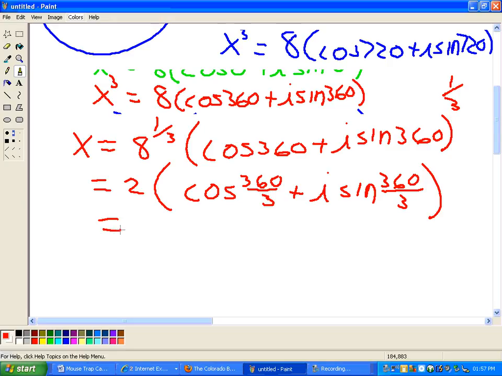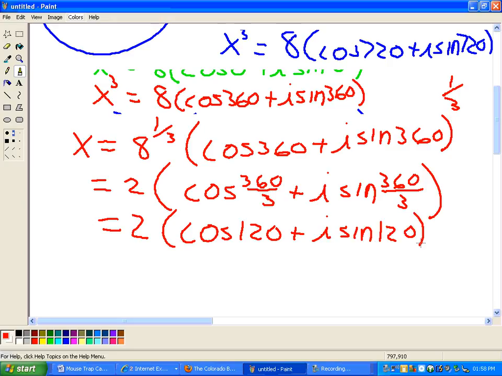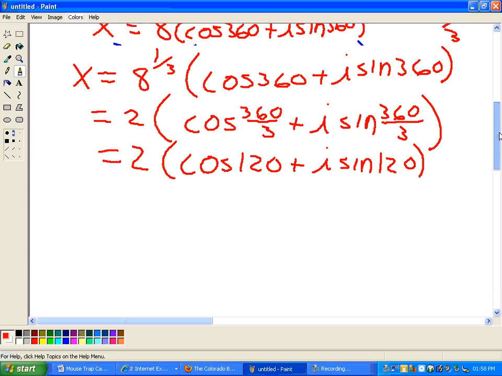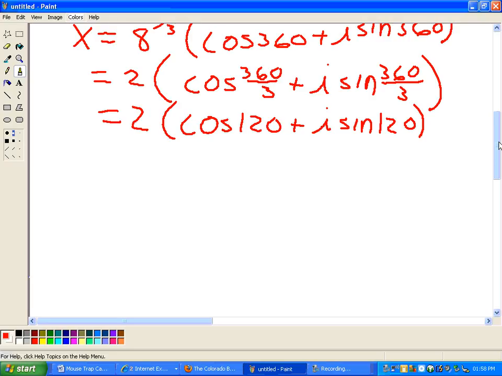So if I work that one out, cosine 120 degrees, sine 120 degrees, think about the unit circle. 120 is right here. What is it?